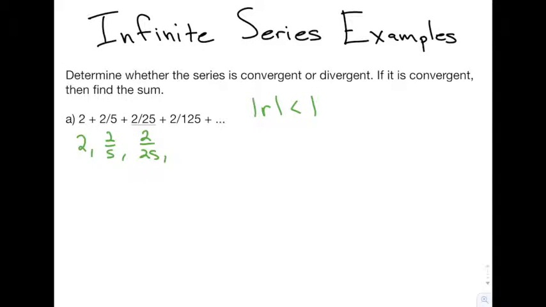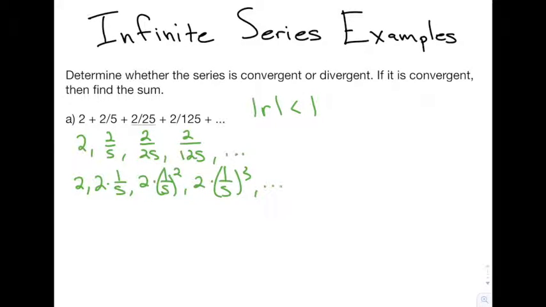So we have the sequence 2, 2/5, 2/25, 2/125, etc. That looks to me like we have 2, and then 2 times a fifth, 2 times a fifth squared, 2 times a fifth cubed, etc. So I think we can write this particular sequence as b sub n equals 2 times a fifth to the n minus 1. So our common ratio, the absolute value of a fifth, is in fact less than 1. This checks out.